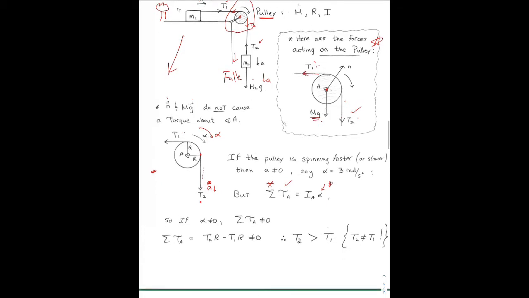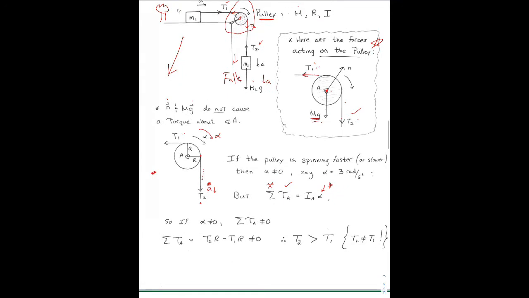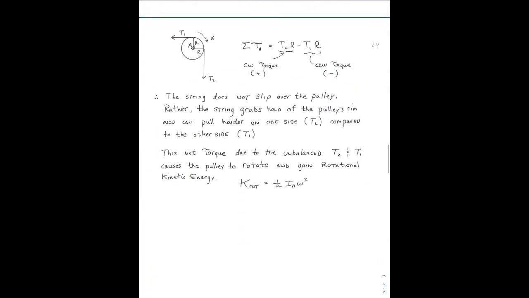Because T2 is bigger than T1, it causes the pulley to spin faster. There's a net torque on the pulley. So that's the main thing about this chapter: you can't just call this one T and this one T. You have two different tensions on both sides of the pulley.